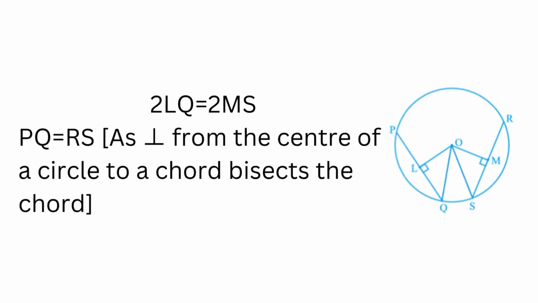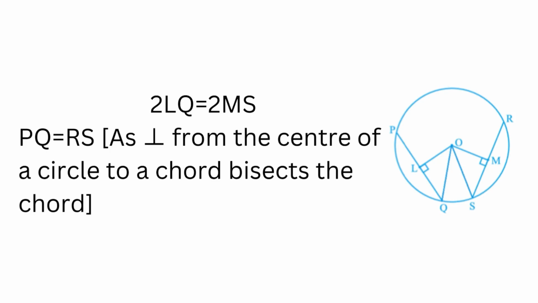Why? Because we have proved here LQ equals MS. If LQ equals MS, 2 times LQ equals 2 times MS. But what is the value of 2 times LQ? That is PQ. And what is the value of 2 times MS?